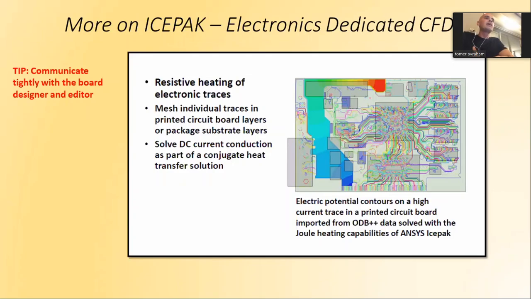I think that in most cases this kind of method is overkill, because most of what we do is use two-resistor models, which means that if I have a two-resistor model for this chip here, then it's isothermal on the top of the chip and on the bottom of the chip.